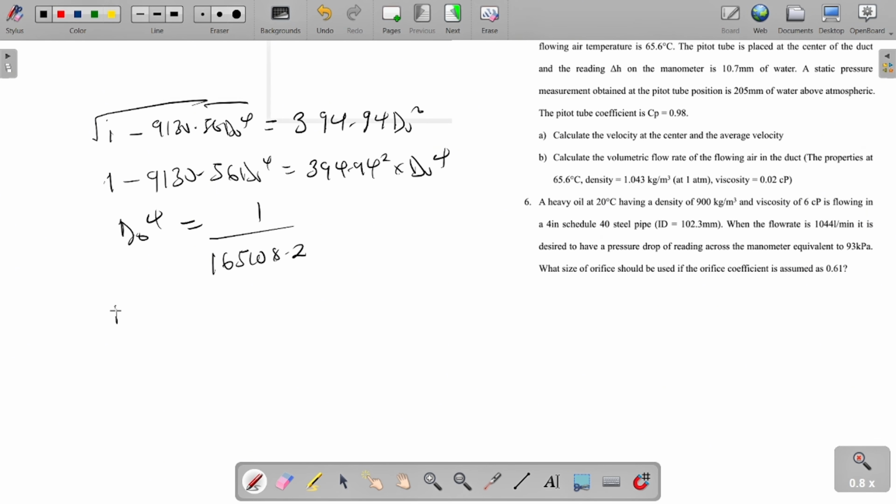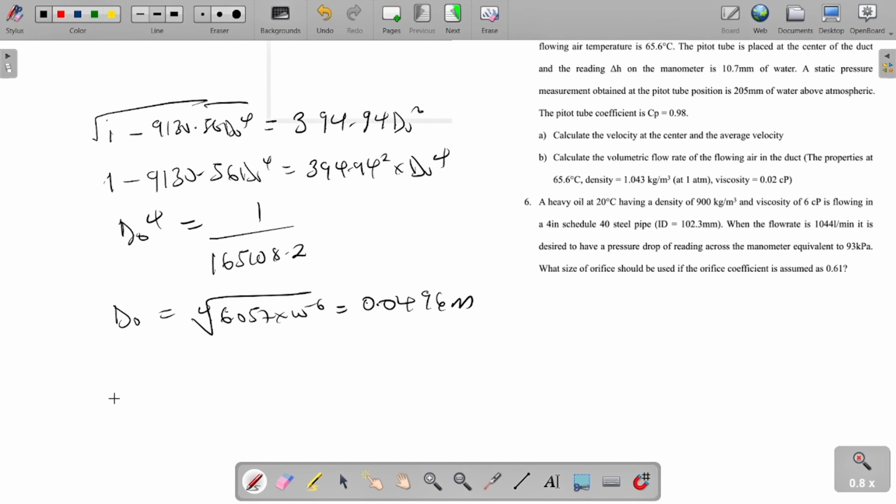So if I have this one, then D naught will be equal to the fourth root of 6.057 times 10 to the power minus 6. So I'll be getting 0.0496 meters, right? So that's D naught. The question wanted us to calculate D naught.